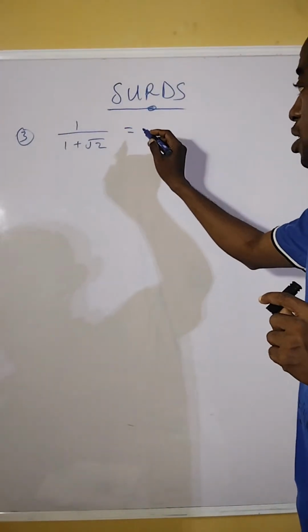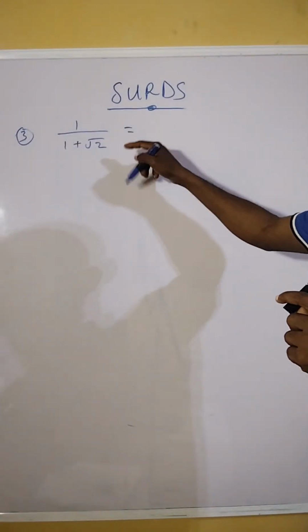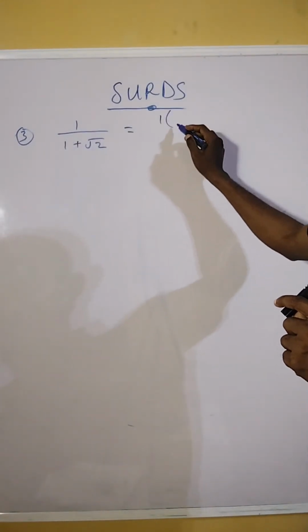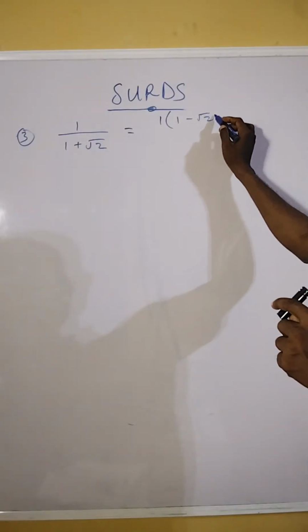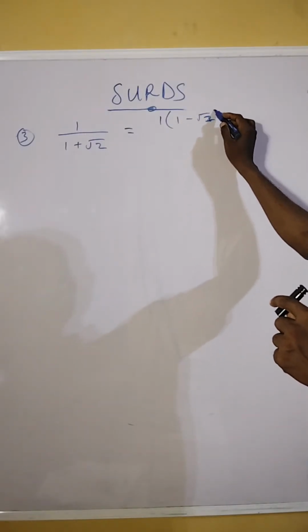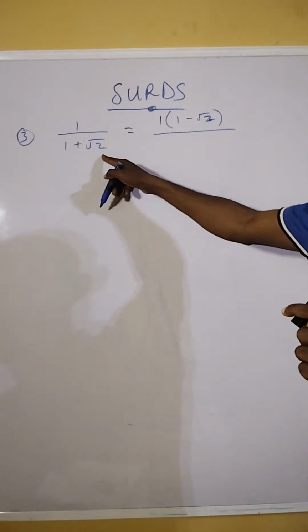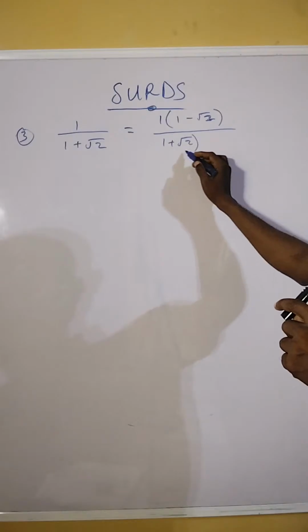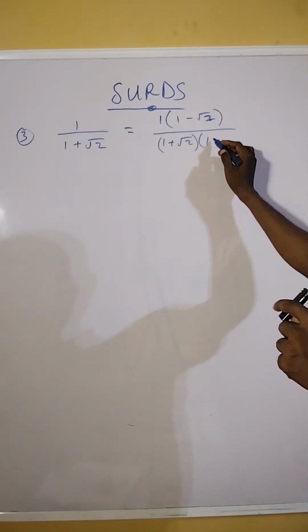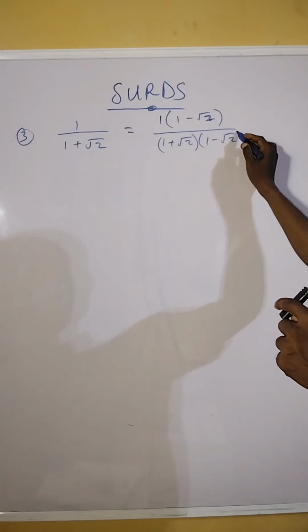Here we rationalize the denominator as well. This becomes 1 times the conjugate surd of the denominator, 1 minus root 2. So also multiply this by the same conjugate. That is, we have 1 plus root 2 multiplied by 1 minus root 2.